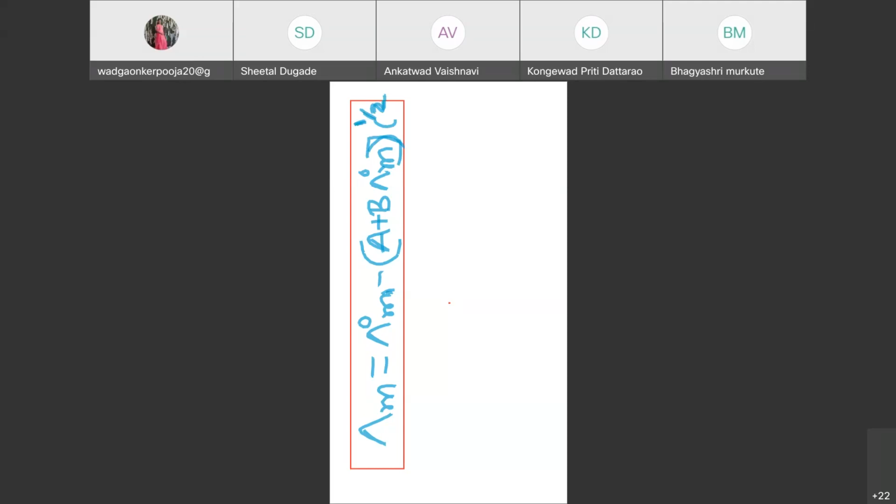So lambda m is equal to lambda 0 m, meaning lambda not m. And whenever you have this not sign, why? Because this sign is just for the sake of explaining infinite dilution.